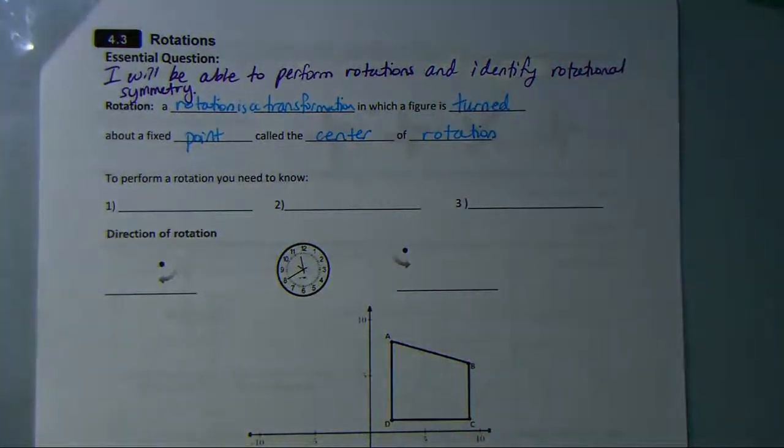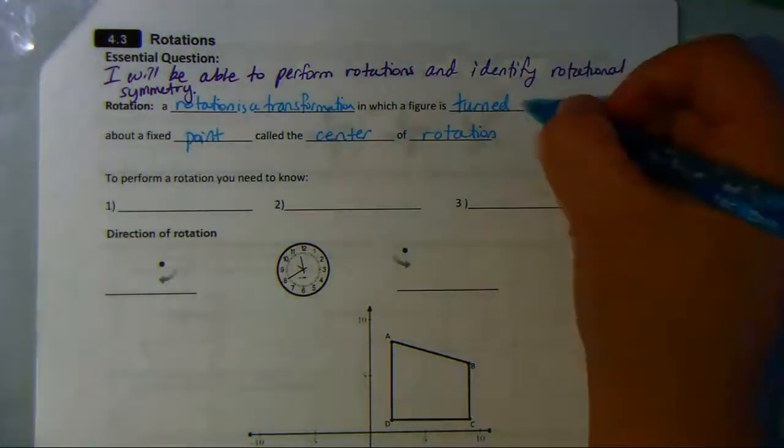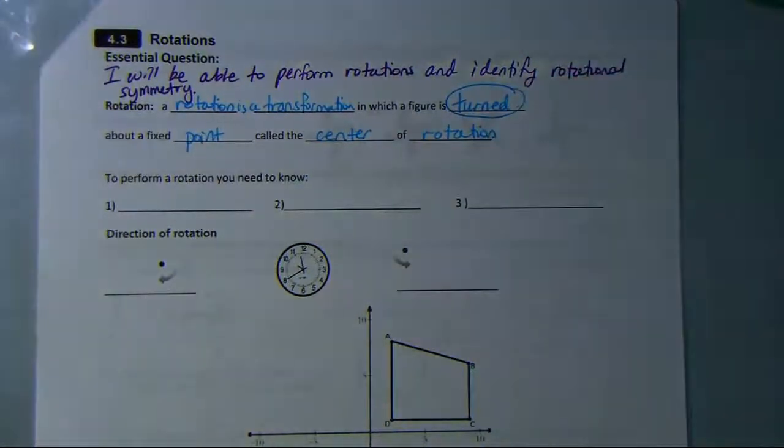A rotation is a transformation in which a figure is turned. So this is a turning. It is turned about a fixed point called the center of rotation.